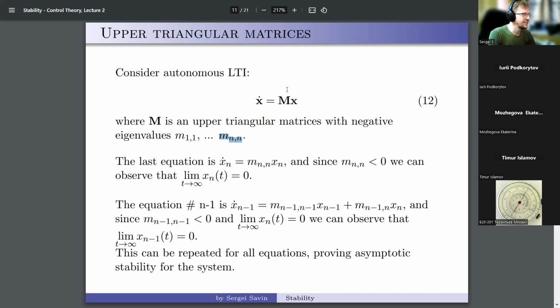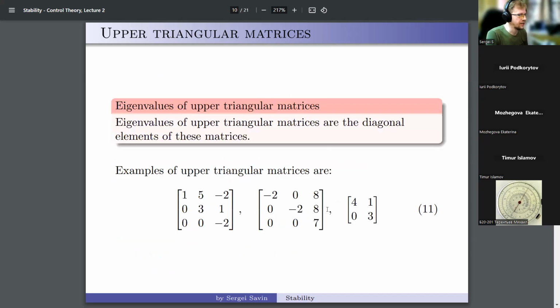So the last equation in this system is written as x_n dot equals m_n times x_n. Because it is upper triangle, the last equation would be x multiplied by only one element here, right? That's going to be equal to the last x dot.